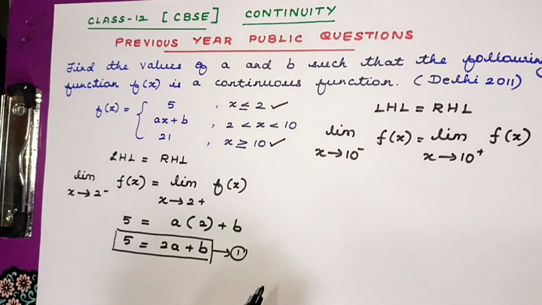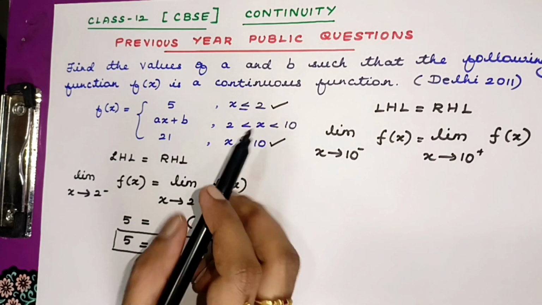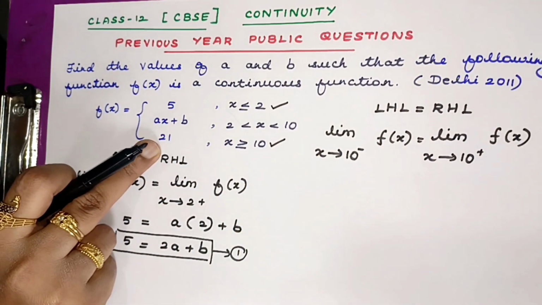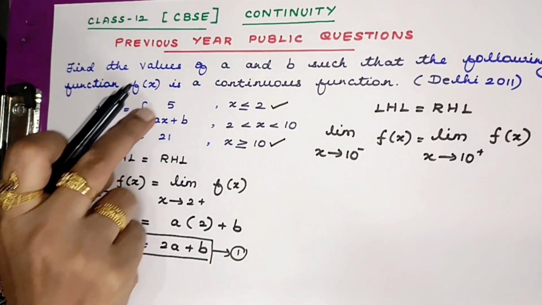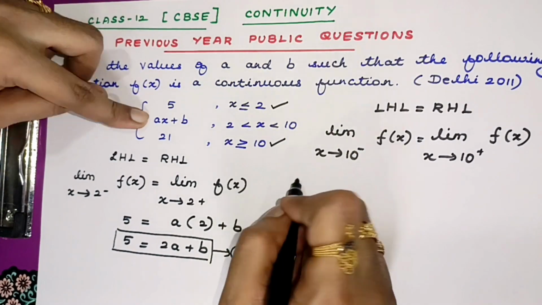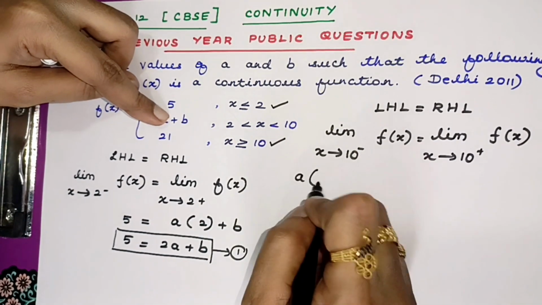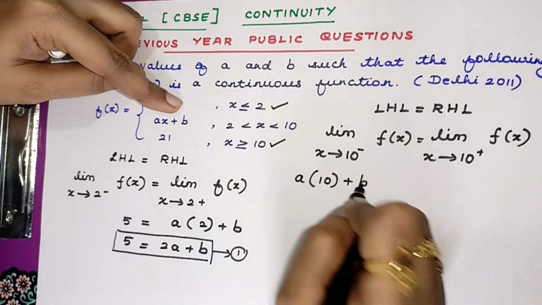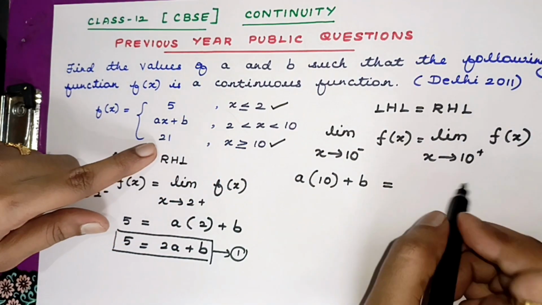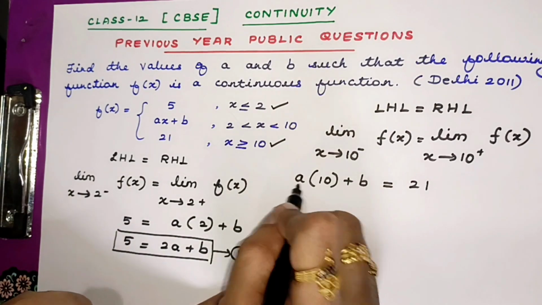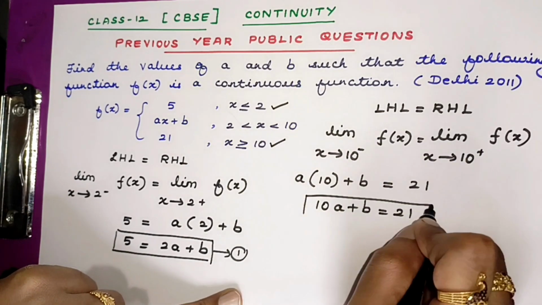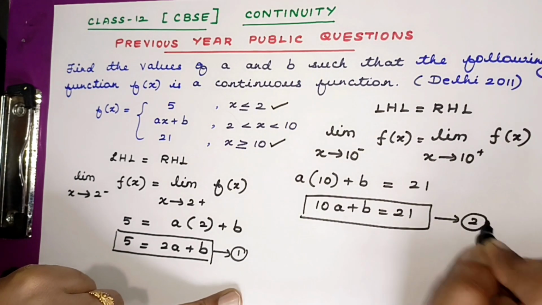For x less than 10, we should take this function, and for 10 or greater than 10, we take the other function. So 10 minus means below 10, so we take this function and substitute x as 10, plus b. That is equal to 21. So 10a plus b equals 21. Let us consider this as equation number 2.